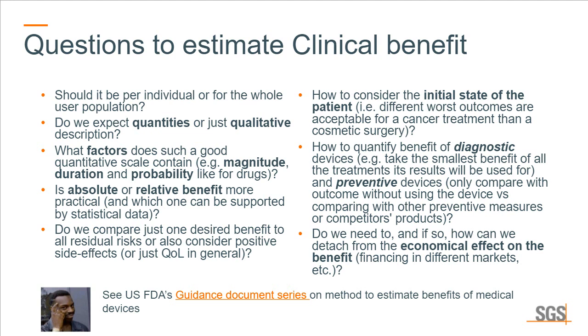And do we even need to consider that, or do we just use some other metric to find the total population for the device? So these are all, I would say, relevant questions, and each manufacturer will need to factor these in and maybe some other questions as well to establish a fair and reproducible benefit profile for their device.